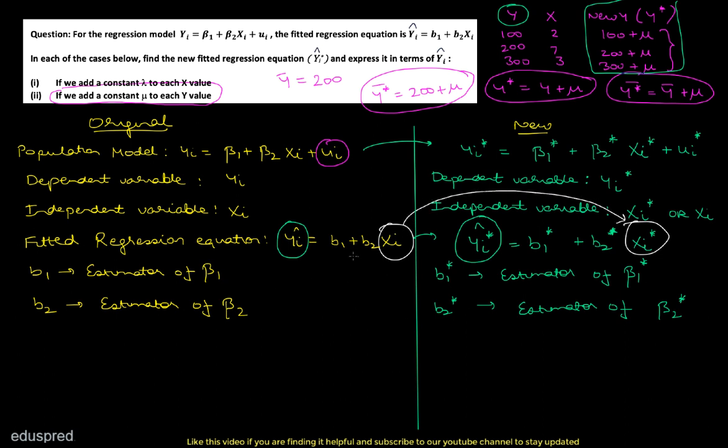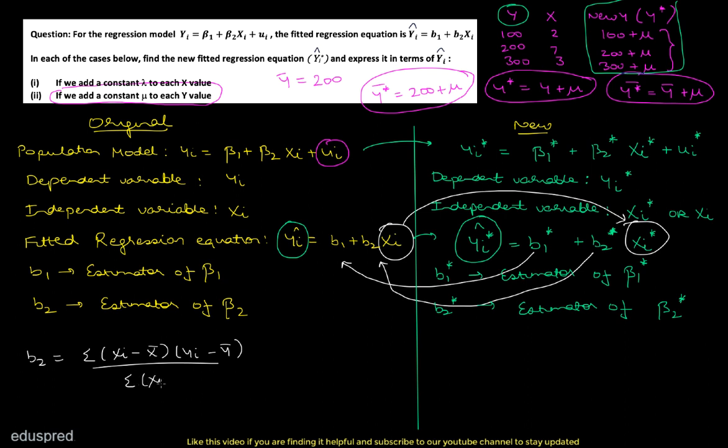So now our purpose is to find the relationship between b1 star and b1 and b2 star and b2. So let's write the formulas over here. Over here, b2 is equal to summation of xi minus x bar, yi minus y bar divided by summation of xi minus x bar whole square.